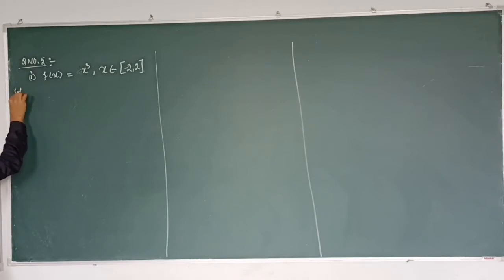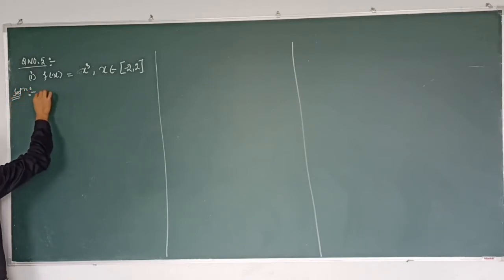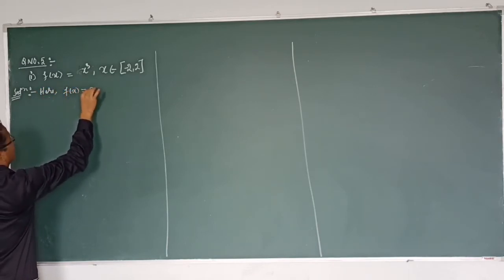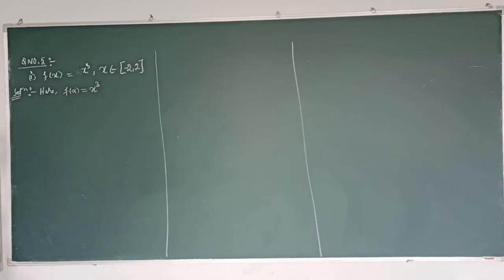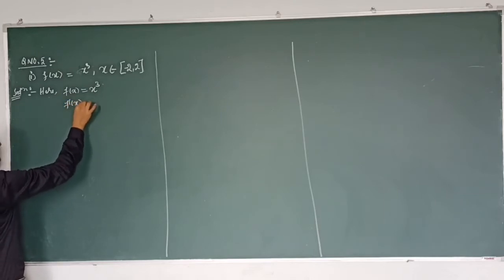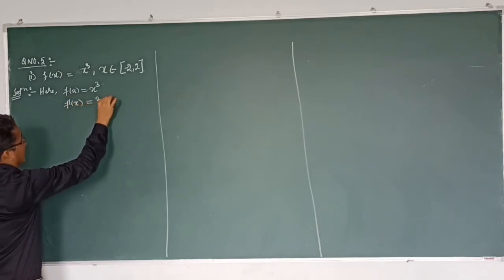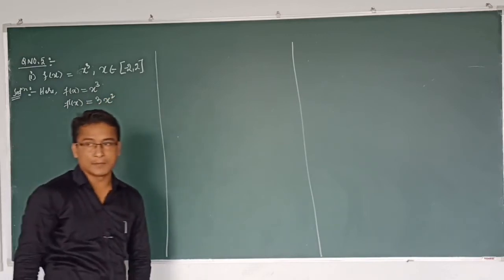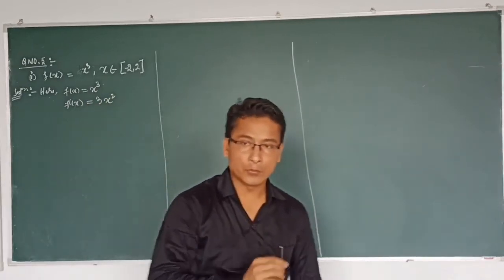In the solution, f of x is x cube. F dash x is 3x square, that is the derivative of our function.